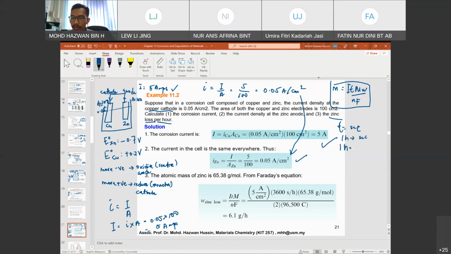Okay, just want to check. 1 hour have how many minutes? Berapa minit? 1 jam ada berapa minit? Nur Syahira. Soalan senang je. Ya, Doktor. 1 jam berapa minit? 60.